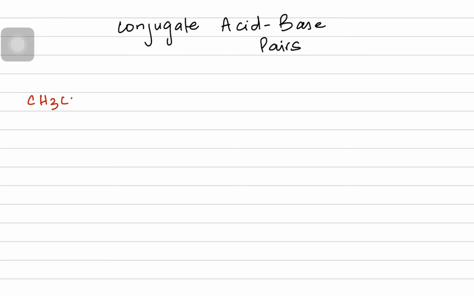To recall more examples, we can see ethanoic acid, which is a very weak acid. When ethanoic acid reacts with a base, let's say for example ammonia is working as a base here, what happens is that ammonia tries to accept the proton from the acid by donating its electron pair, and the weak ethanoic acid will donate its proton.